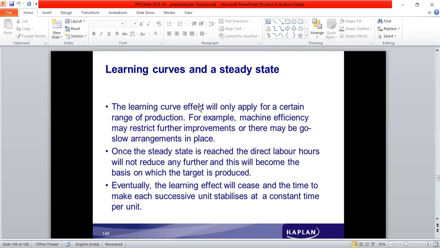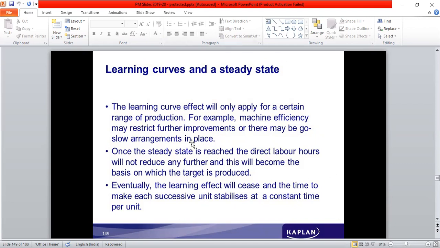The learning curve effect will only apply for a certain range of production. So it comes down to only a particular point and then it stops. It doesn't go below that. For example, machine efficiency may restrict further improvements, or there may be go-slow arrangements in place. So it doesn't fall below a particular point.